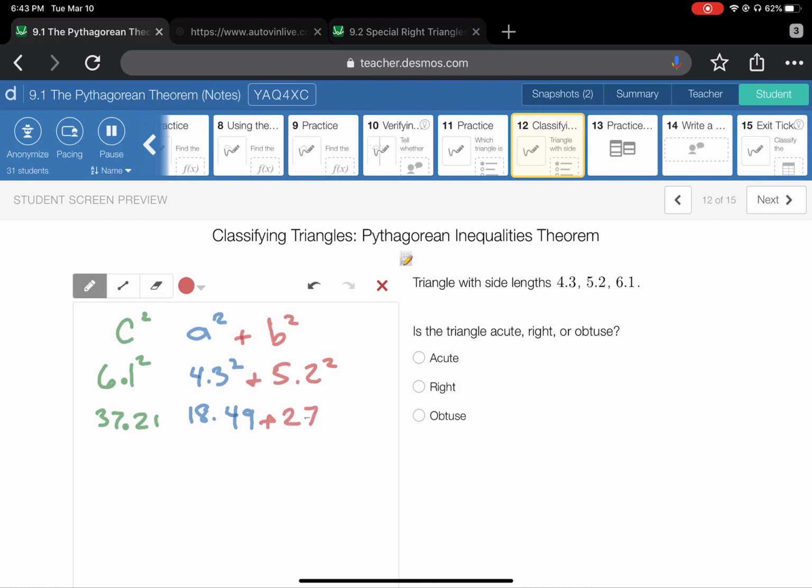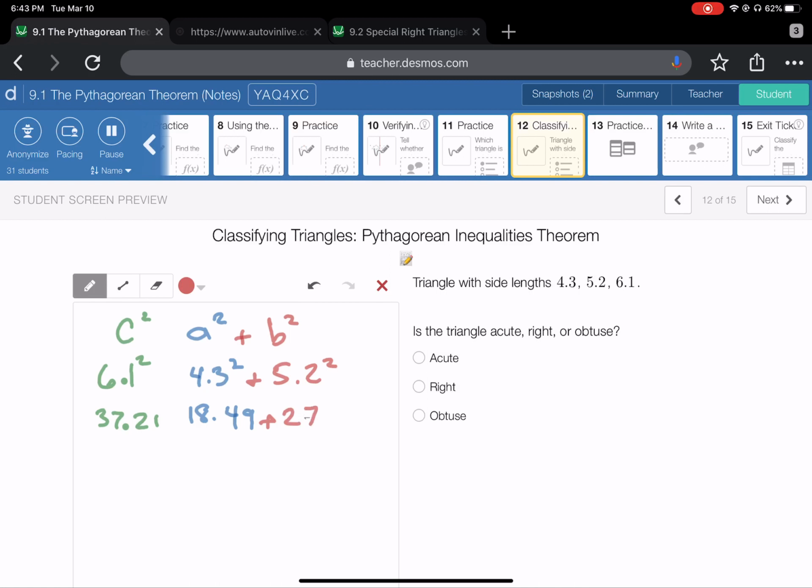37.21. And this is obviously not an equivalent value, so we're not going to fill this in with an equal sign. C squared does not equal a squared plus b squared. So now we're going to fill this in with an inequality symbol. 37.21 is less than 45.53.